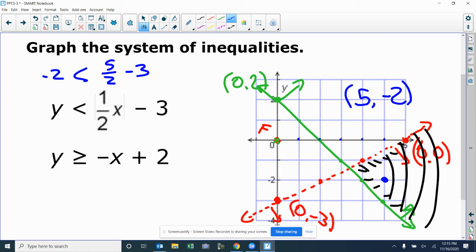Here we do the same. We put 5, -2 in here, and -2 is greater than -3, that is a true statement also. That little area over there would satisfy these two equations.